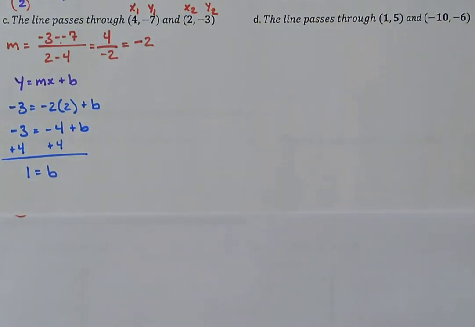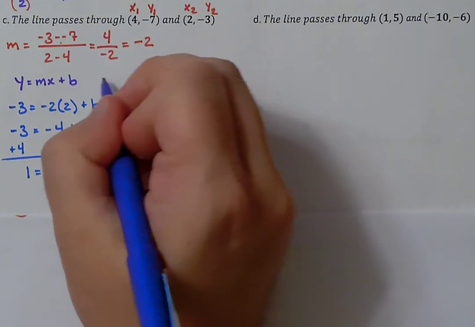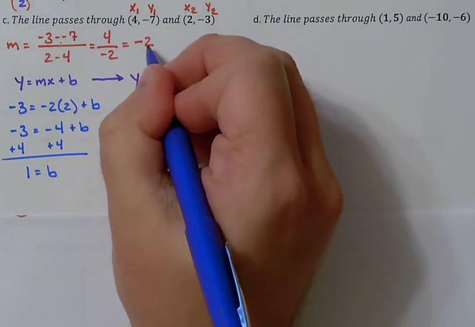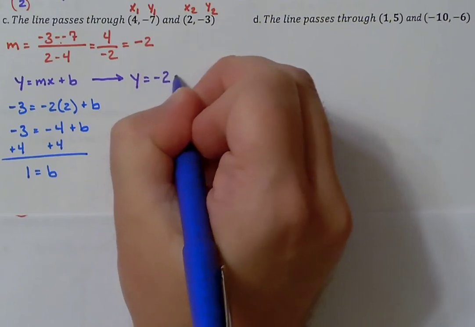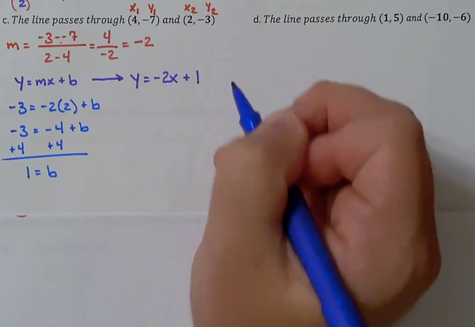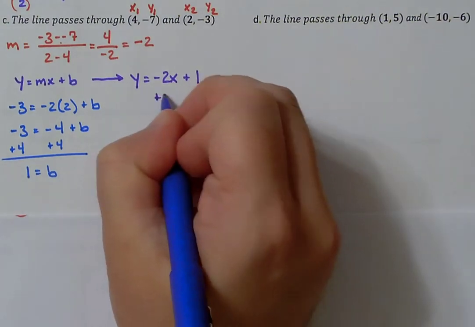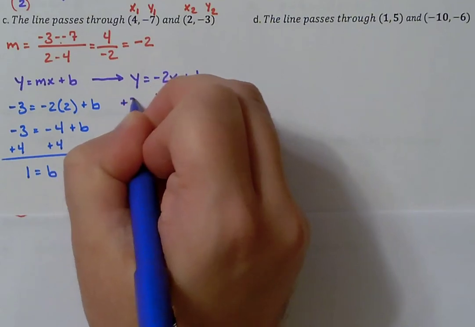I now have my y equals mx plus b. So I can write this as y equals negative 2x plus 1. And then to change it to standard form, we just have to add this 2x to both sides.